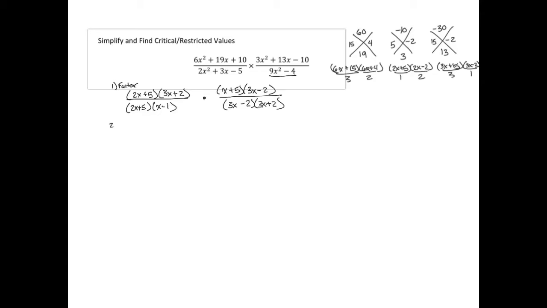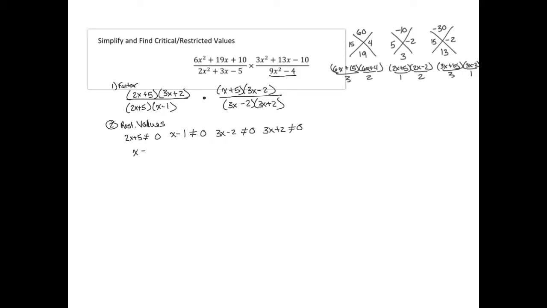Okay, step 2, we want to find restricted values before we simplify any of these. So we're going to do 2x plus 5 cannot equal 0, x minus 1 cannot equal 0, 3x minus 2 cannot equal 0, 3x plus 2 cannot equal 0.